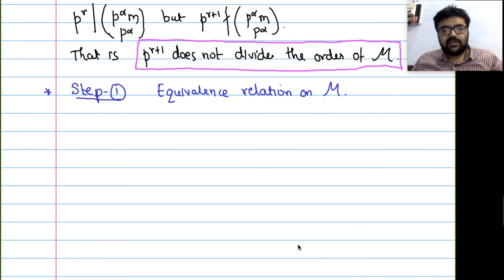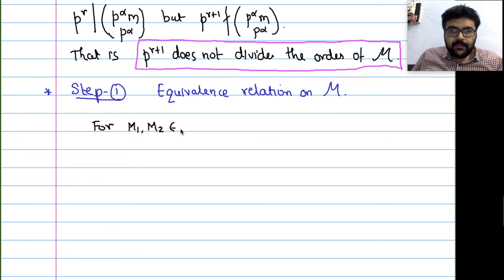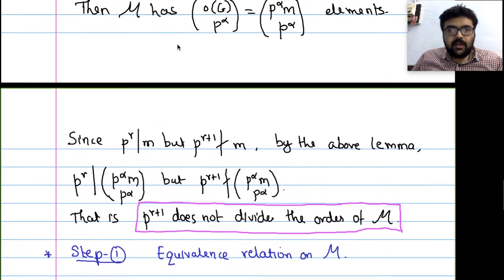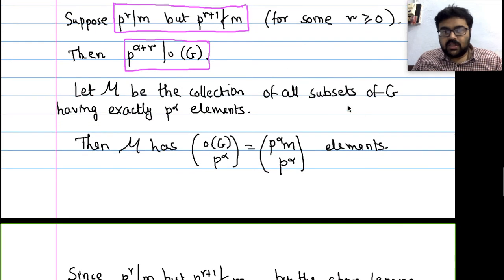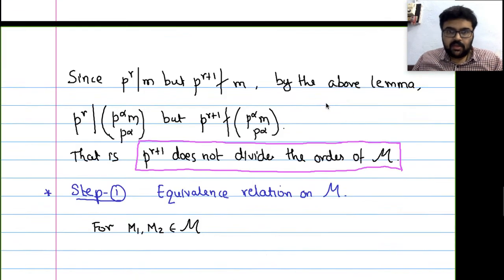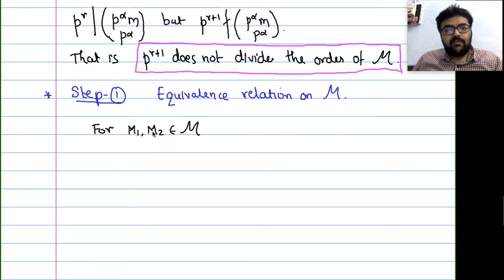The first one is the equivalence relation. What is the relation given? If I take two elements M1 and M2 in M, what is M? M is a collection of all subsets of G having exactly p power alpha elements. Subsets, not subgroups. So suppose I take M1 and M2. M1 and M2 are subsets of G and both have p power alpha elements.